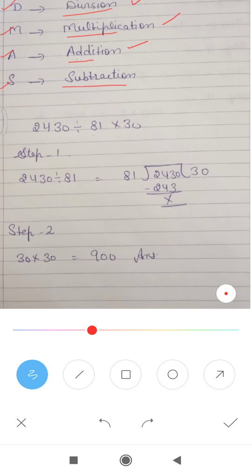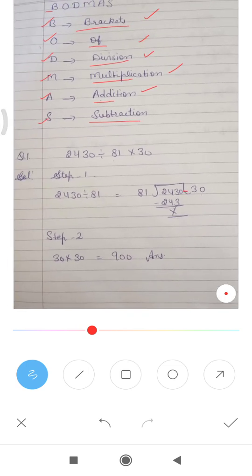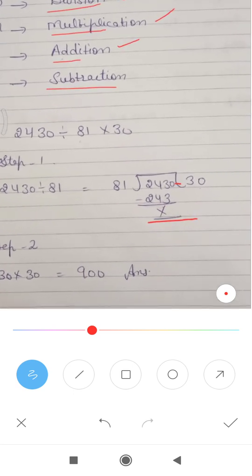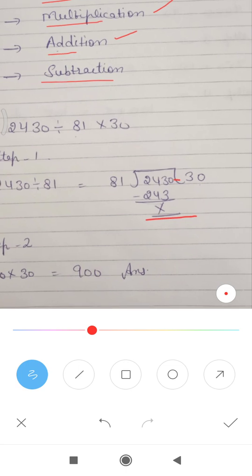So 24. Now 8 3s are 24. Now check in rough column. 81 3s will be 243. 243 minus 243 is 0. And it is given 2430. And this remaining 0 will go in quotient. So answer will be 30.